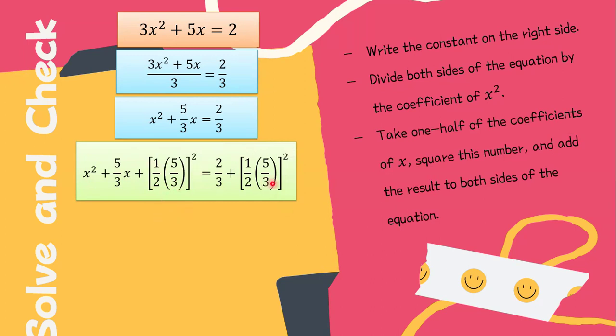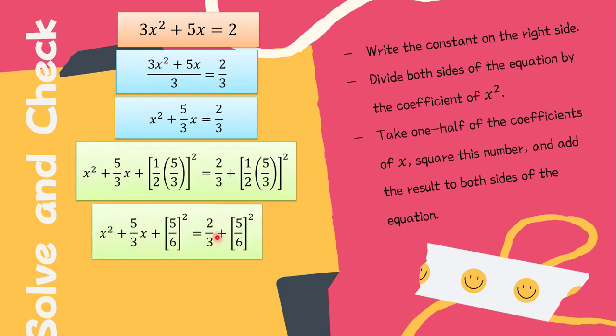So solving this one, that becomes numerator to numerator. That is 5 over 2 times 3 is 6. So we have now x squared plus 5x plus 5 over 6 squared. So the same yun, meron dito, meron din dito. And simplifying this one, or write the left side as a perfect square trinomial, simplify the right side.